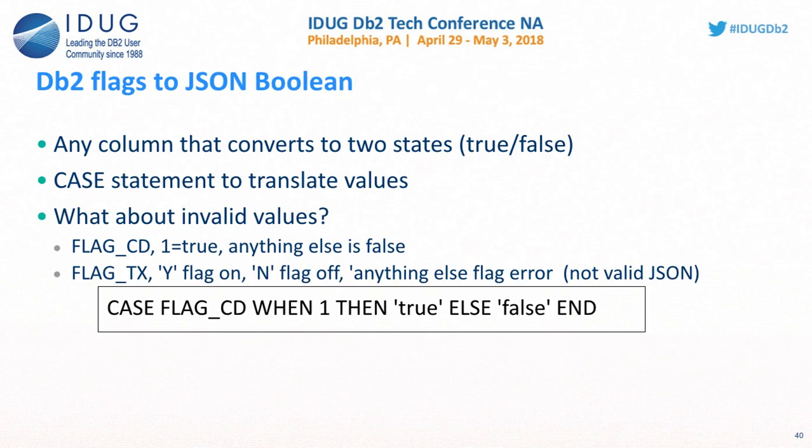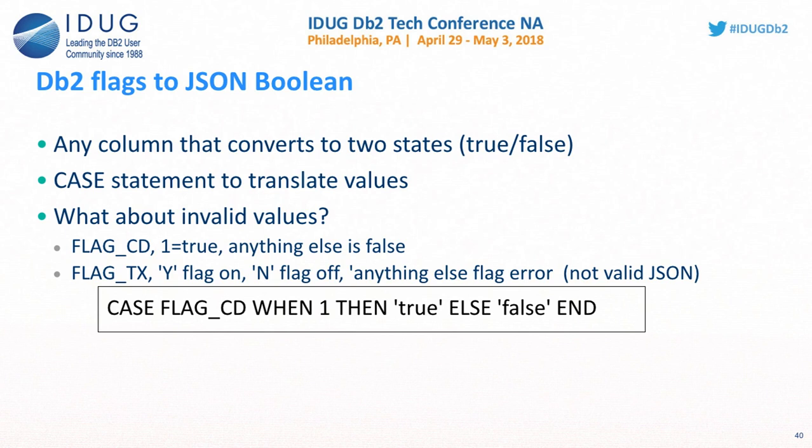So for Boolean, obviously you're going to use a case statement. You've got some kind of flag that you set up on the database. It can be a character yes/no flag, an integer 0/1 flag, whatever you want. The big thing to watch is that you only get 2 states. You can't put a third state on there.